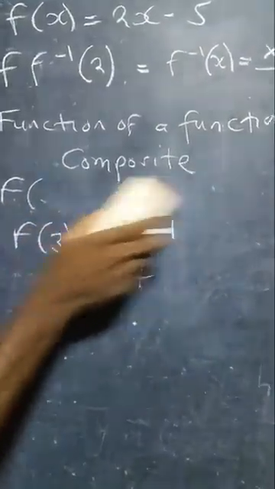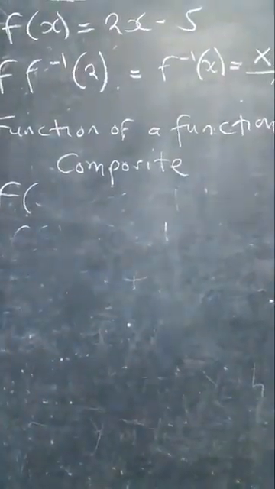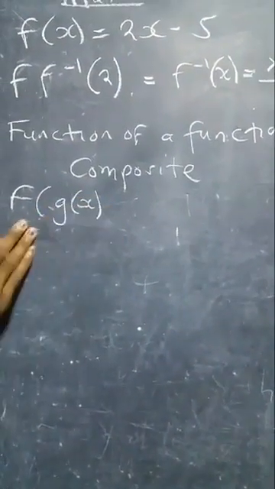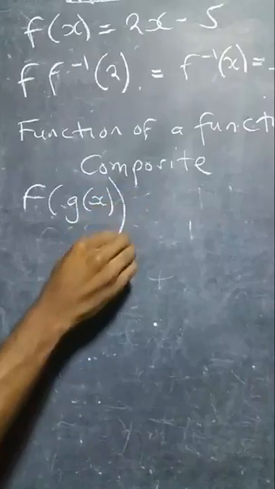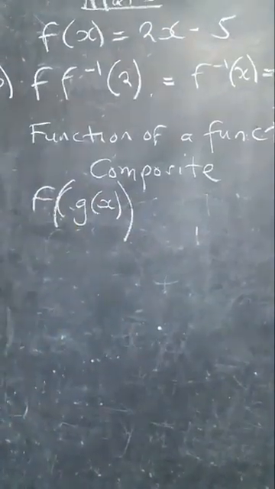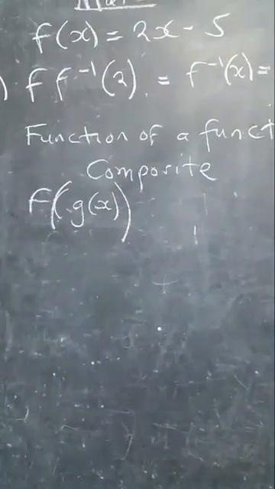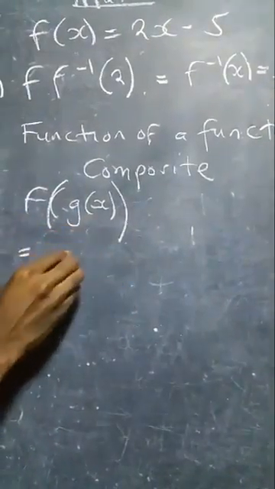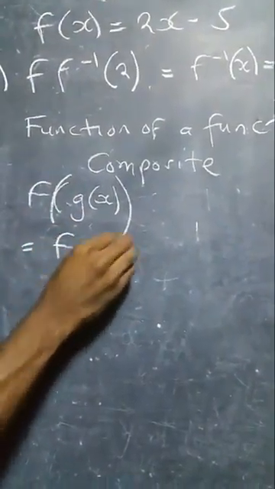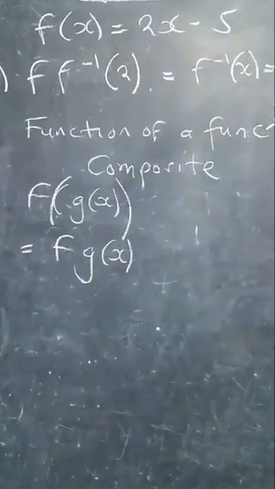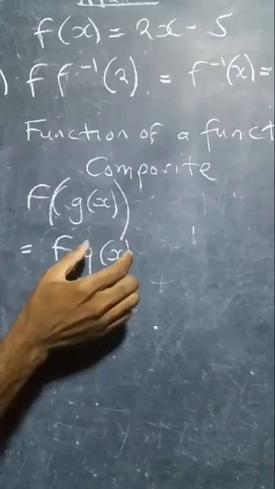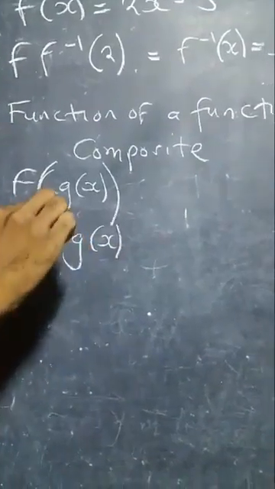Now, they will put another function, g of x. Normally they don't write it in this way, but they'll just write fg of x. That means g of x is what you'll be plugging into this function.